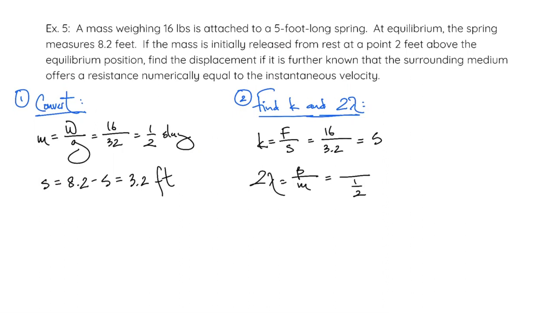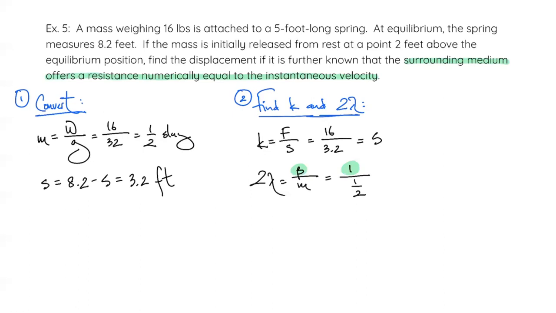Now, almost at the end, the surrounding medium offers a resistance numerically equal to the instantaneous velocity. What that means is our beta in this case is just going to be 1. If we said the surrounding medium offered a resistance 3 times the instantaneous velocity, then our beta would be 3.